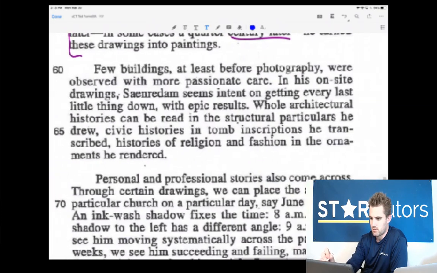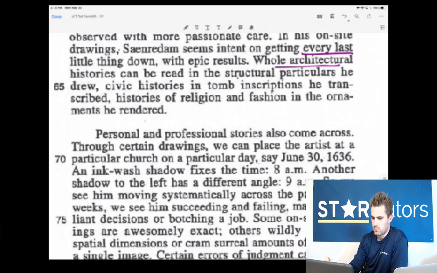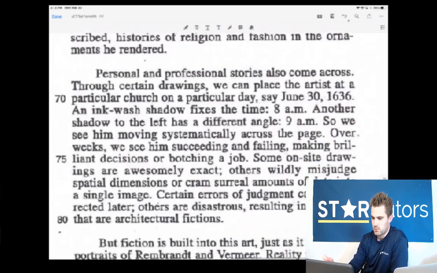I need to talk about every last detail. Through certain drawings.